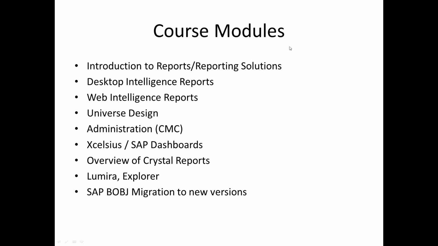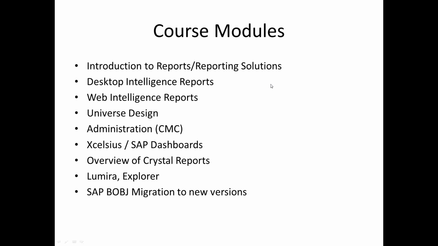Desktop Intelligence has significance only when you have previous versions where they are using Desktop Intelligence reports and are going to convert them into Web Intelligence reports. So we can straight away start with Web Intelligence reports, and then down the line we could take a look at how Desktop Intelligence works.